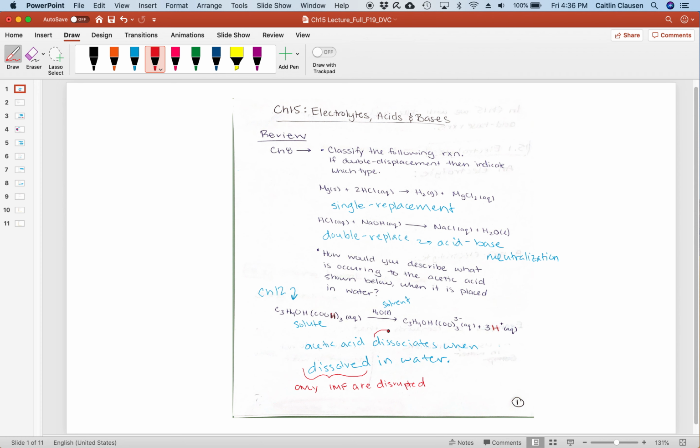If something also dissociates, we're saying a part of that molecule, so in the case of acetic acid, breaks off. So here, intermolecular forces are disrupted. Here, ionic or covalent bonds are disrupted to give ions.